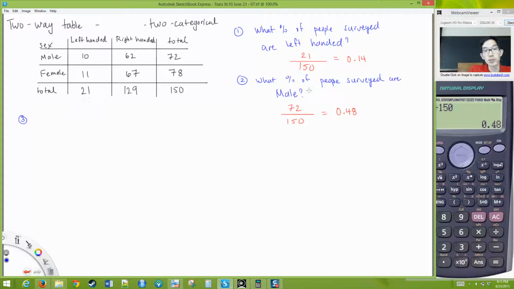Okay, so now I'm going to write a few questions that are all similar sounding, but they give very different answers. Okay, and we've got to be able to tell the difference between each of these. What percentage of people surveyed are male and left-handed? What percentage of males are also left-handed?